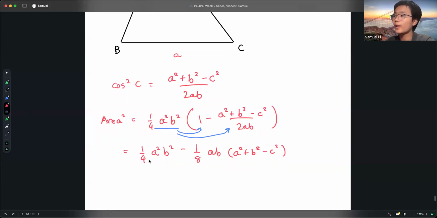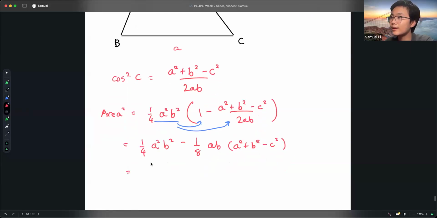Okay, so now let's expand this completely. This is 1/4 times a squared b squared minus... wait, am I doing this right? I think I am. One second, I need to check this real quick.